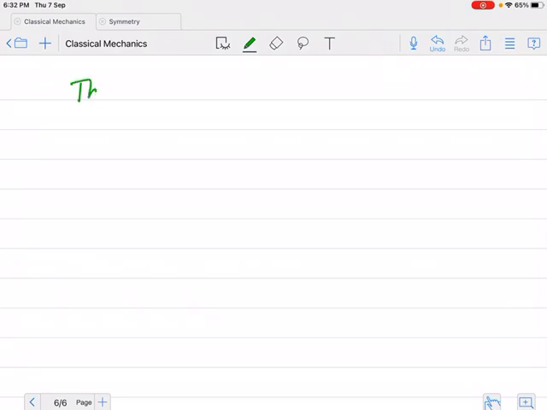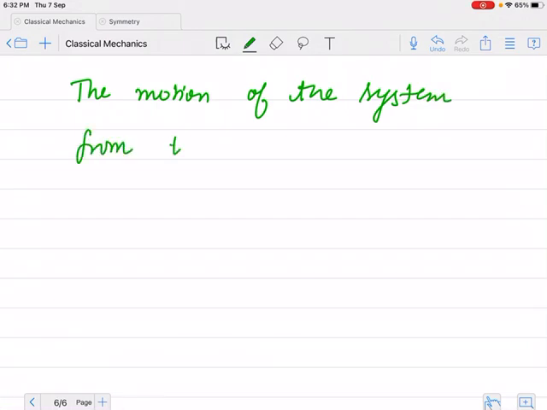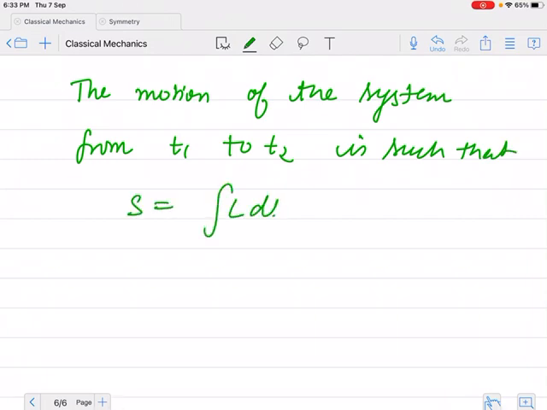The motion of the system from time t1 to time t2 is such that the integral of L dt is an extremum. Extremum means it can be maximum or minimum for the path of the motion.